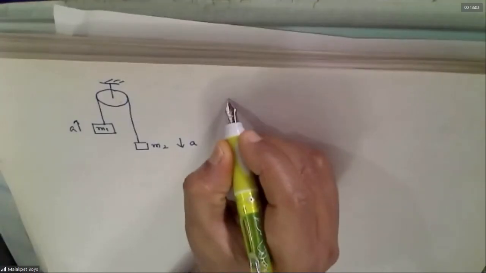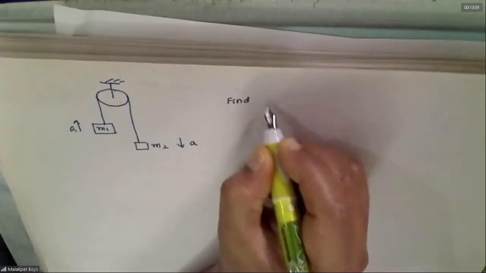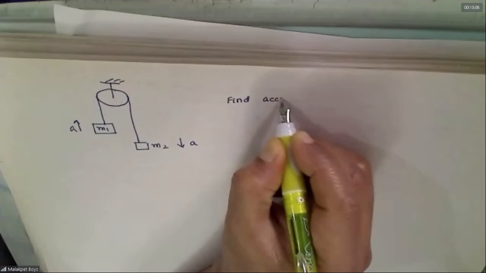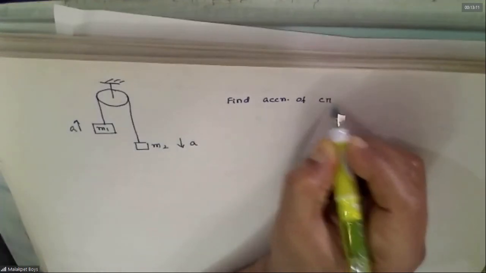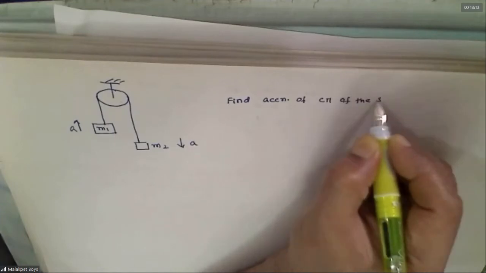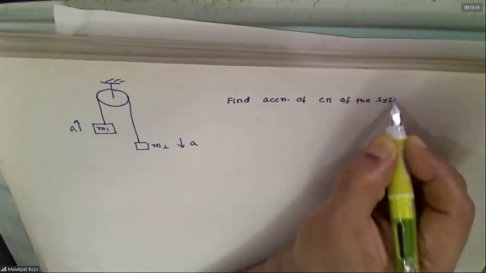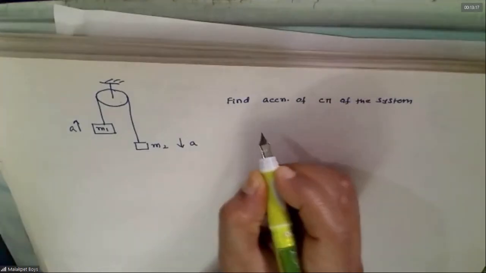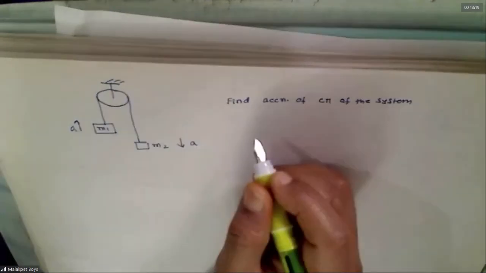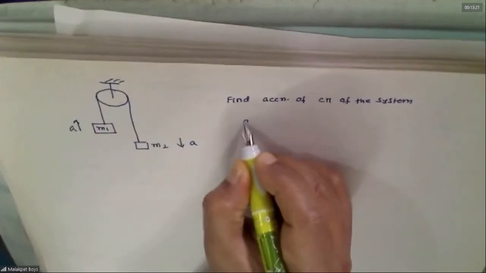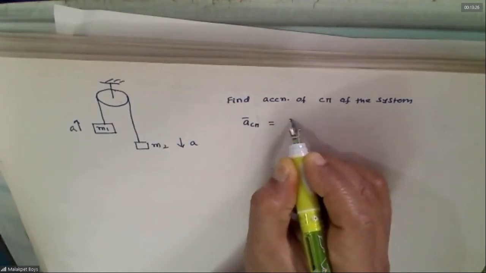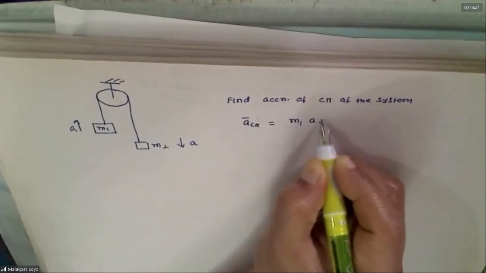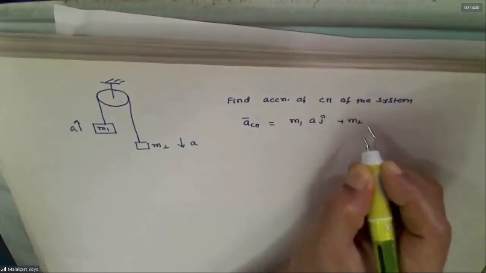Find the acceleration of center of mass. Anyhow, the pulley is at rest, this is not having any center of mass. Sir, the pulley must have a center of mass, na, sir.